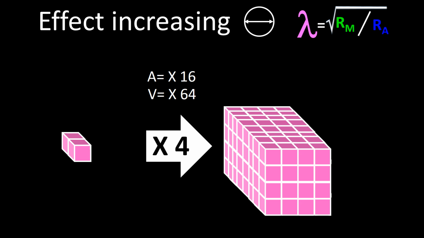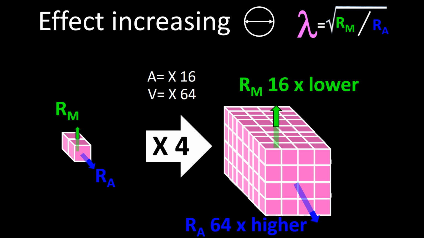If we now consider membrane resistance and axial resistance, we will find that the increase in size decreases membrane resistance by a factor of 16, corresponding to the increase in surface area, which would decrease length constant, hence slow down axonal conduction, but the increase in volume would have decreased axial resistance by a factor of 64.